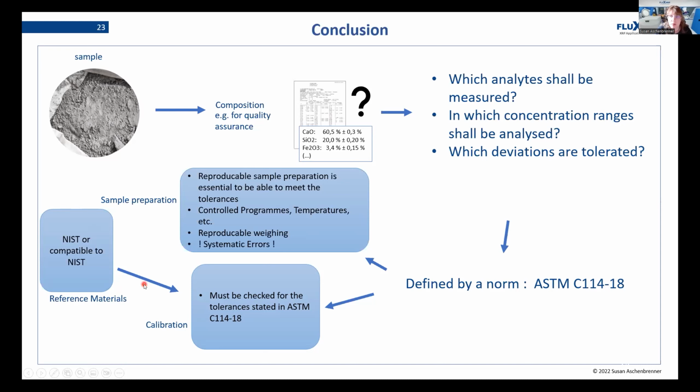They want to have high quality reference materials. Then you will also be able, with a little bit of calibration skill, to meet these tolerances that are stated in the ASTM norm. Okay, and then we will also be able to have our composition defined and to do our quality assurance.